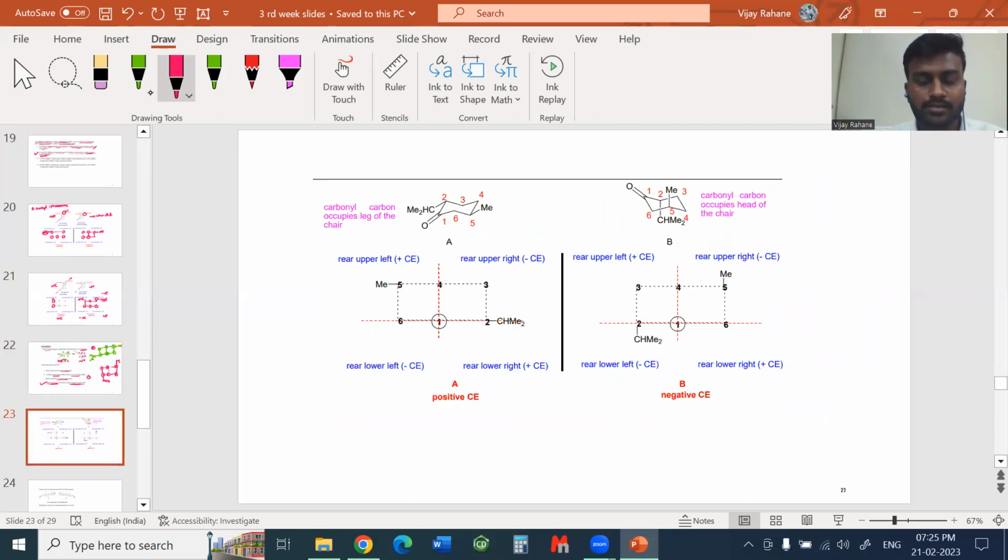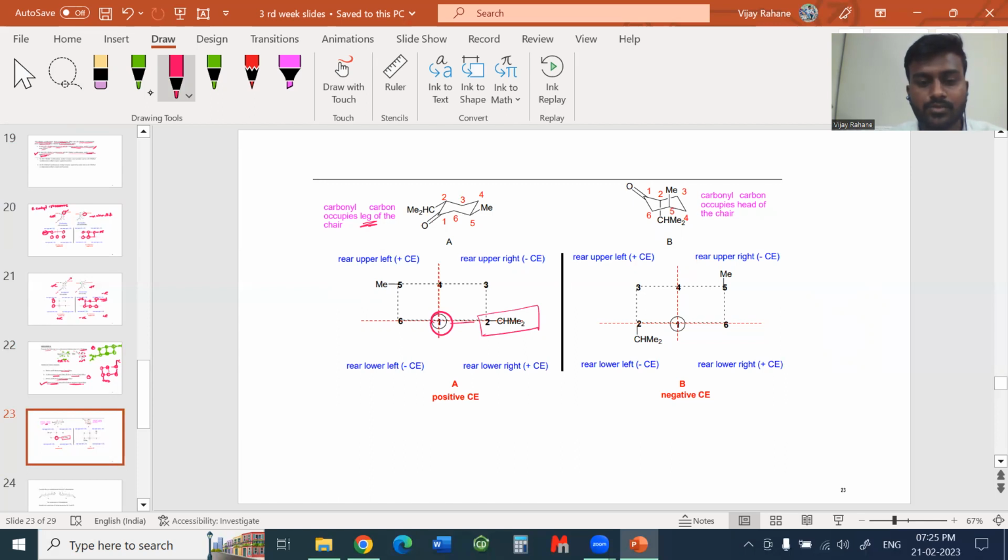Right, here we can see the example. Here what they have done, the carbonyl occupies the leg position, so while writing they have drawn it in the opposite form, right? So the 2 will be here on the right side, because this carbon is on the leg side.